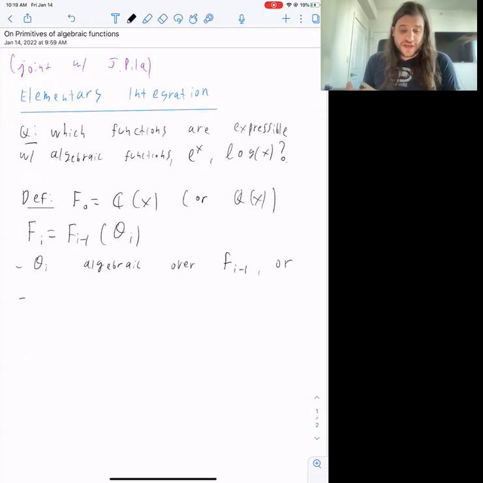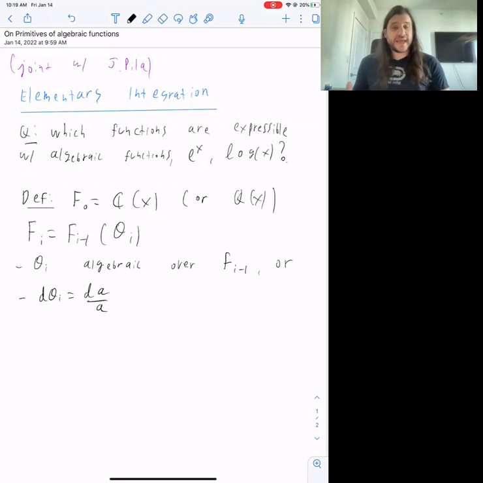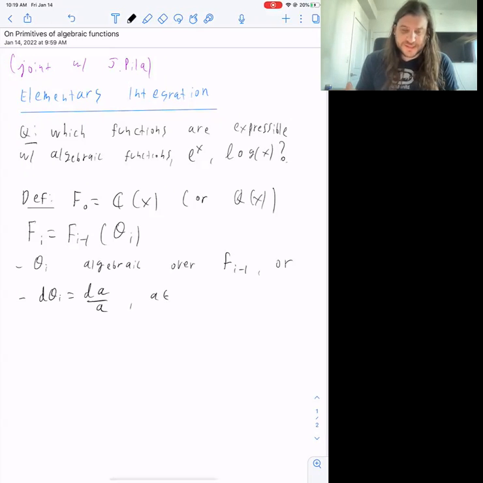And so the other possibility is we allow functions theta I such that d theta I is equal to dA over a, where a is in Fi minus 1.